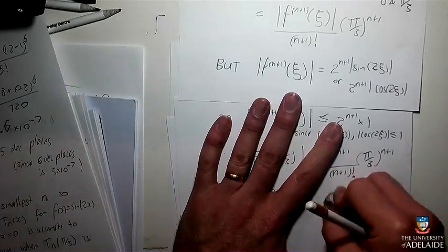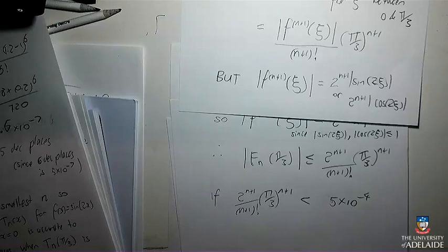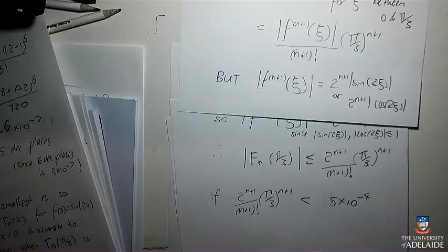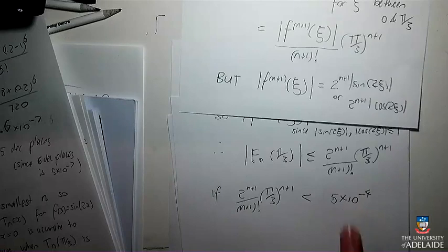Sorry, just a second. 3 decimal places would be 5 times 10 to the minus 4. That's the difference between numbers that are 3 decimal places accurate. The reason is that the thing that tells you how to round off to 3 decimal places is the 4th decimal place. And if that 4th decimal place is less than 5, then you round off to the same number you had before, which is why it's 5 times 10 to the minus 4. Okay, and that's what we need to do. Cool, huh?